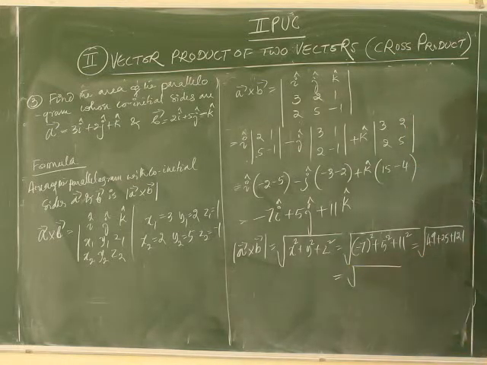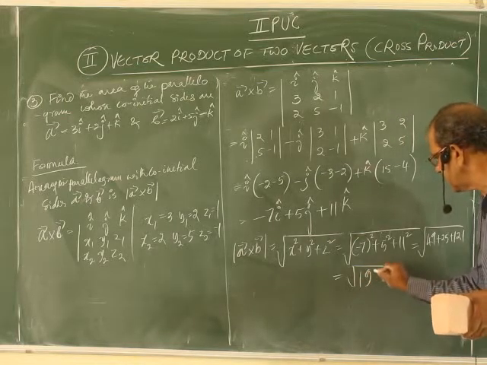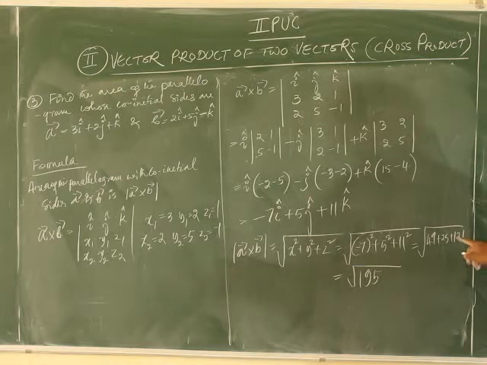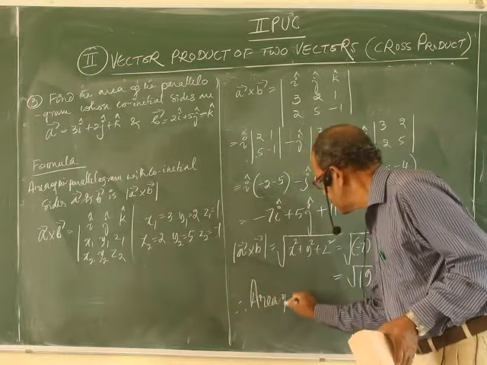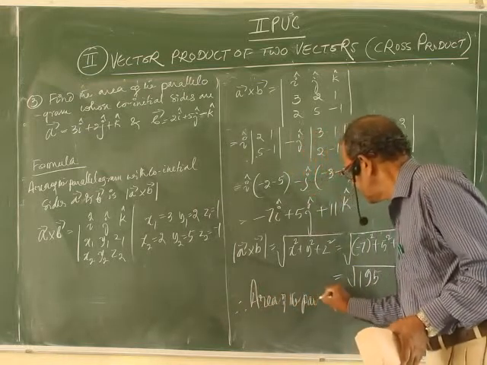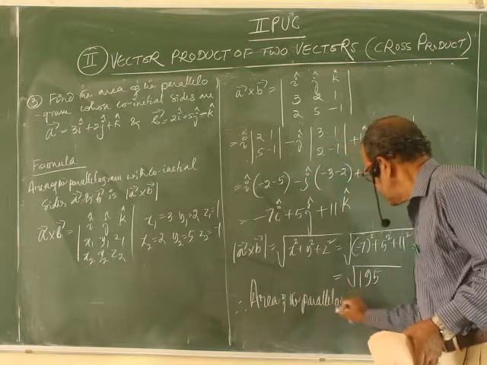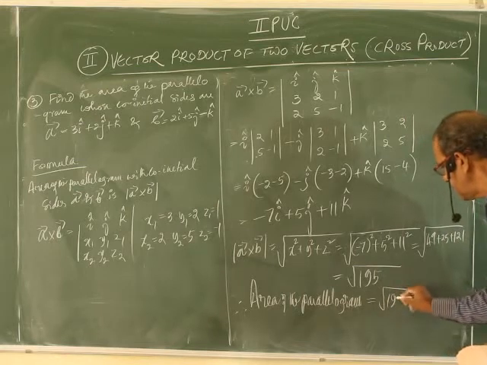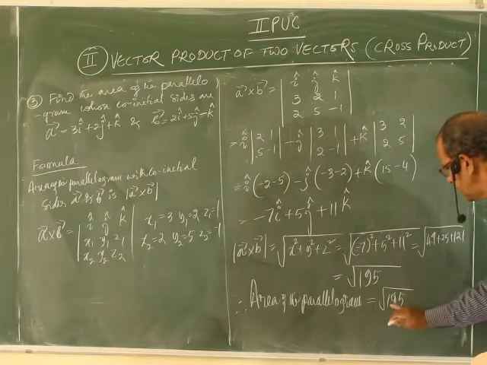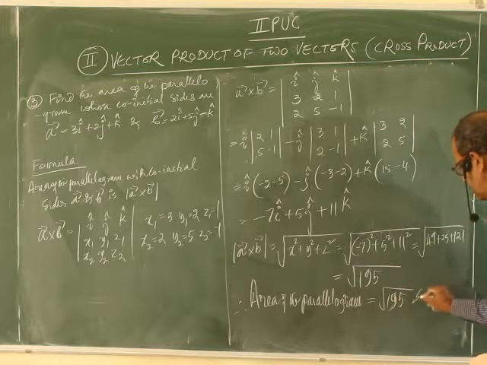Root of 195. Correct. Therefore, area of the parallelogram is root 195 square units.